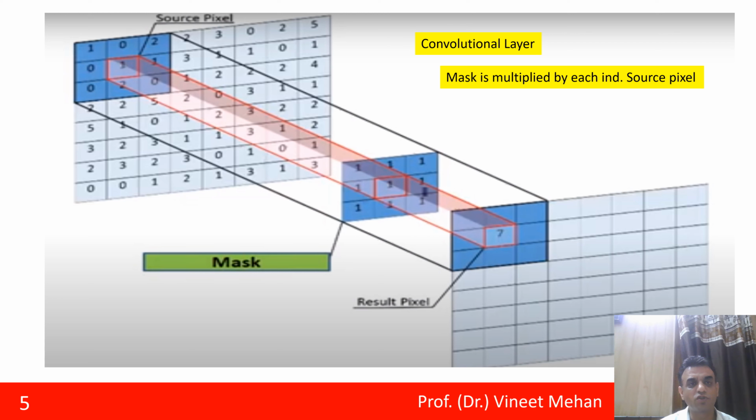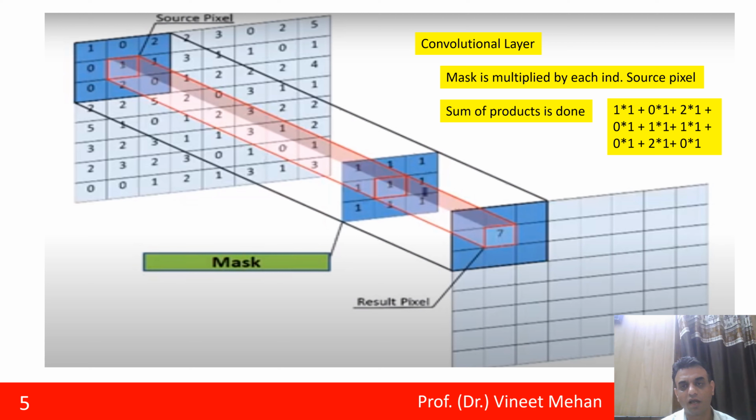So the first row is picked up from the source pixels, that is 1, 0, 2. It is multiplied by the first row of the mask. Similarly, the second row is picked up. It is multiplied by the second row of the mask. Similarly, the third row is picked up. It is multiplied by the third row of the mask. Then the sum of products is done, and the output that is obtained is 7.